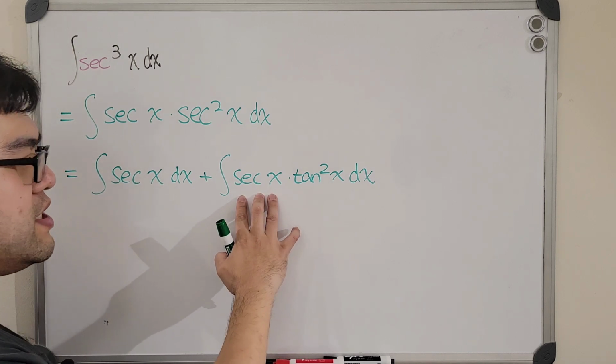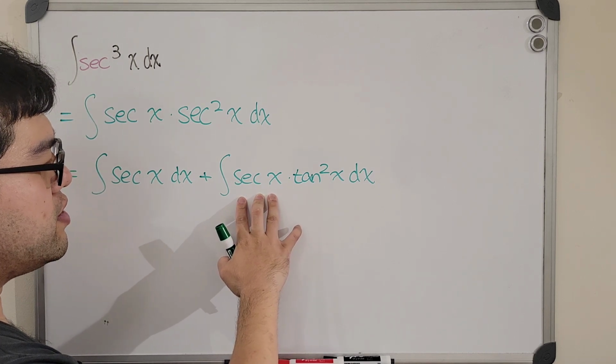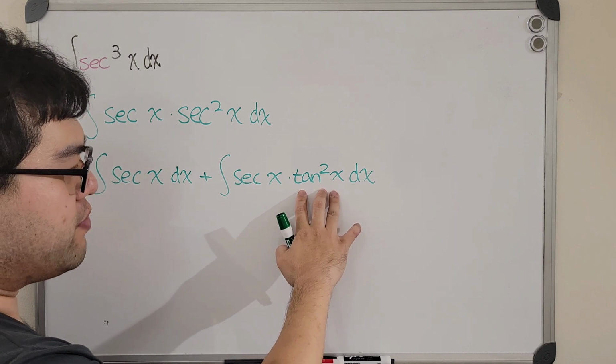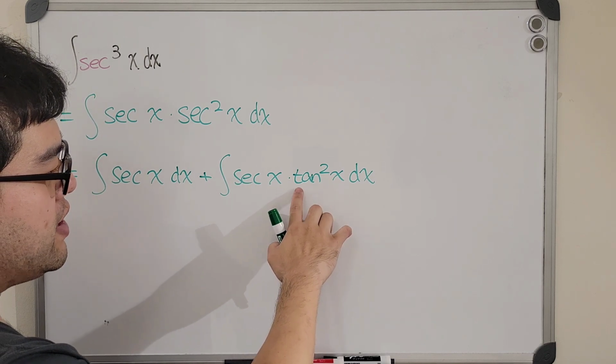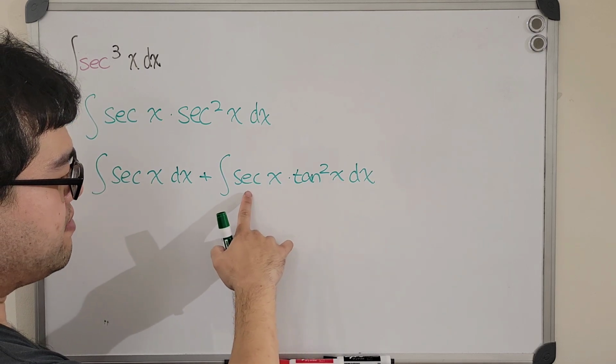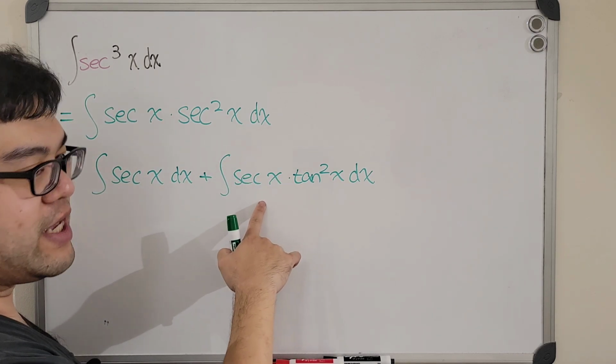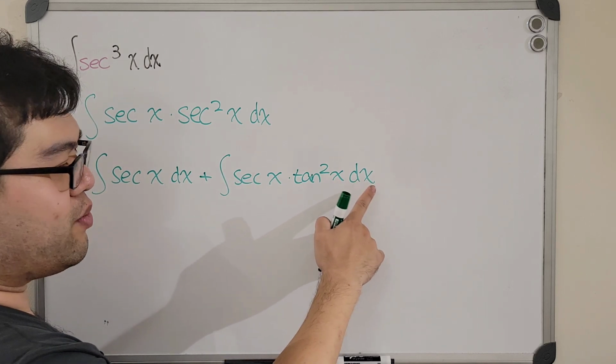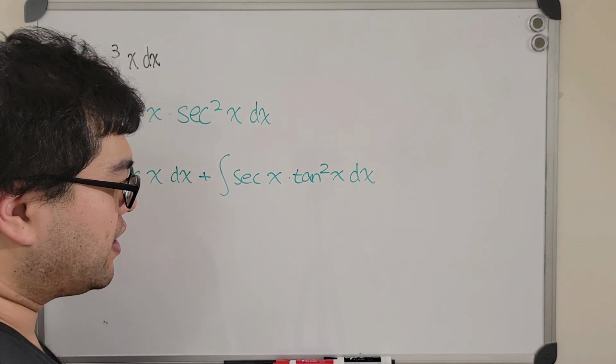But we don't have secant square here, because if we rewrite it, we actually get tangent times sine over cosine, or sine times secant, so that we get the second copy of secant, but then we have a sine remaining.